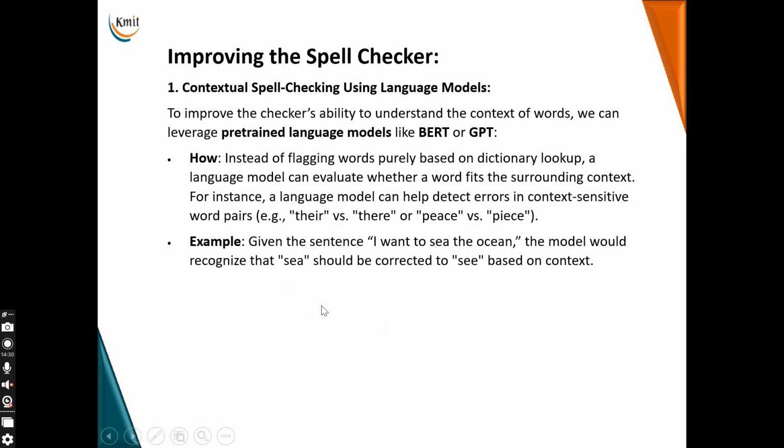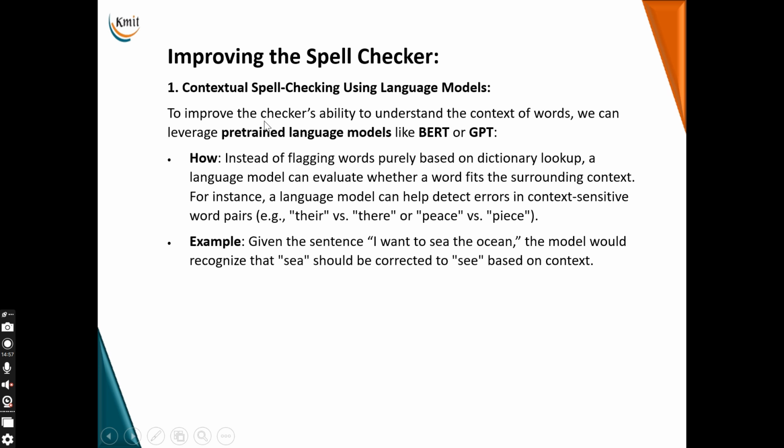And how do we improve it? In order to improve the spell checker, we can take help of pre-trained models like BERT or GPT, which will try to identify context sensitive word pairs like their, there, peace and piece. If you identify, they are homophones which are pronounced similarly, but there is a spelling difference.